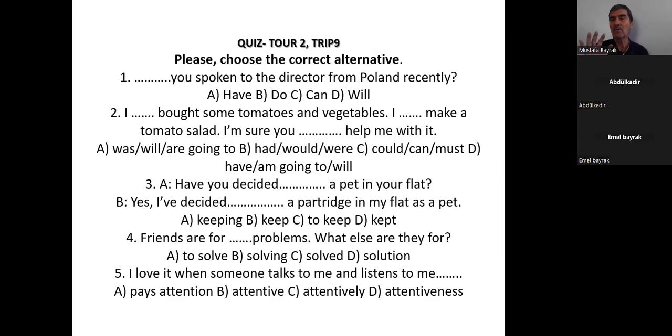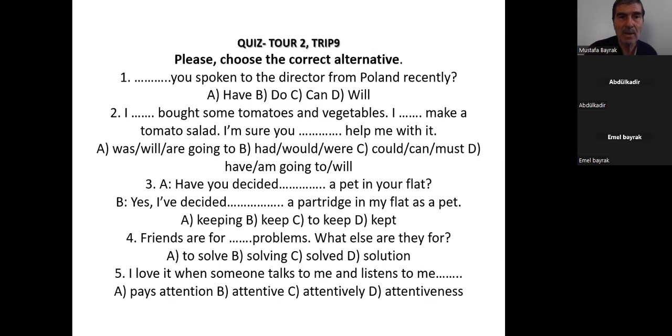So will, no. Will requires verb 1. Can requires verb 1. Do requires again verb 1. So have. Have you spoken to the director from Poland recently? Yes, I have just spoken to the director from Poland.